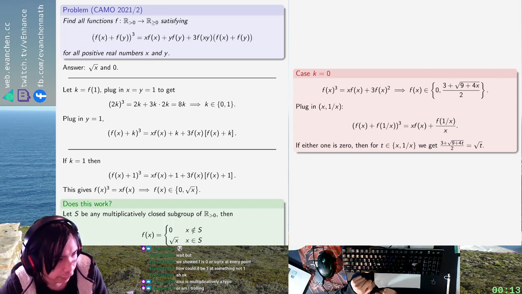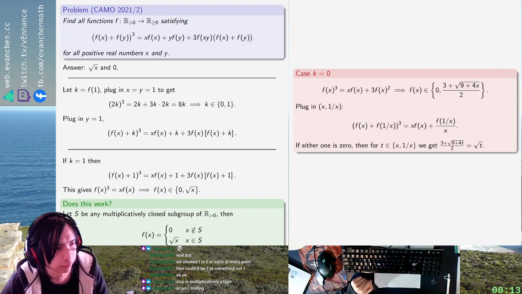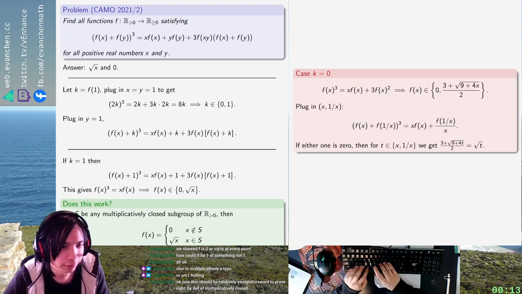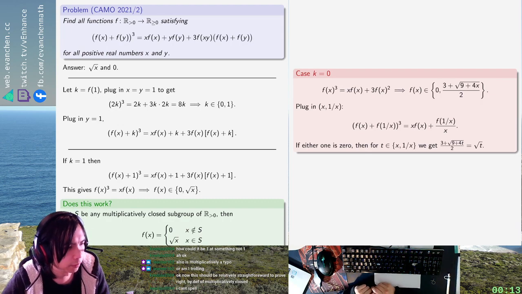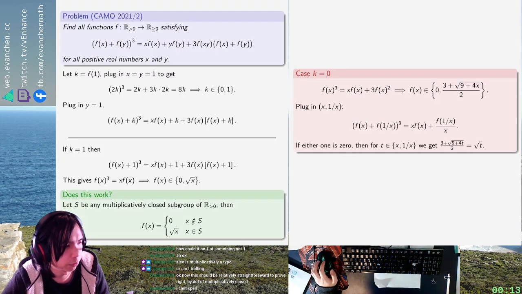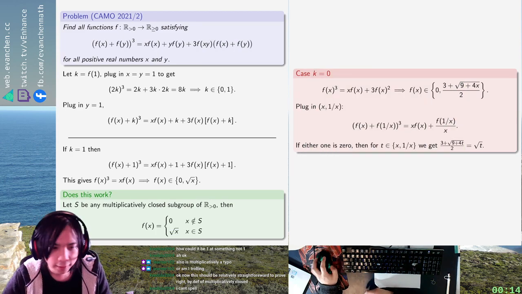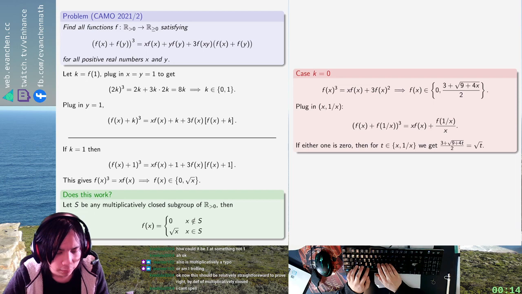Because if f of x equals root x and f of y equals root y, by plugging it in directly, okay, so I'm going to delete this thing where I claim the answer. Yeah, I agree. I think this is just correct, because if f of x is root x and f of y is root y, then I plug this in and I will get root xy. Whoop-de-doo. So the remaining case is k equals 0.